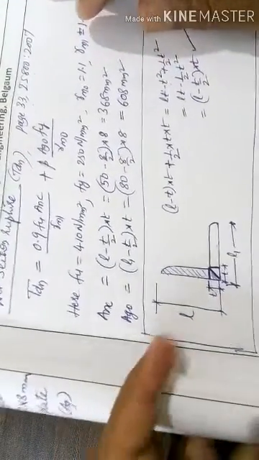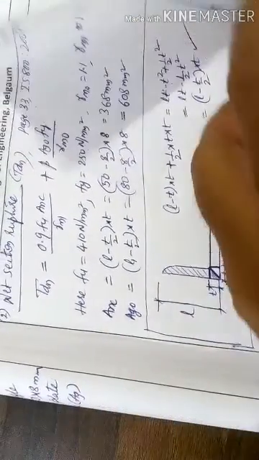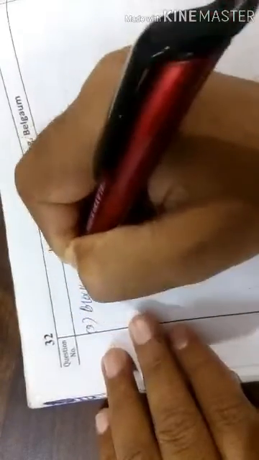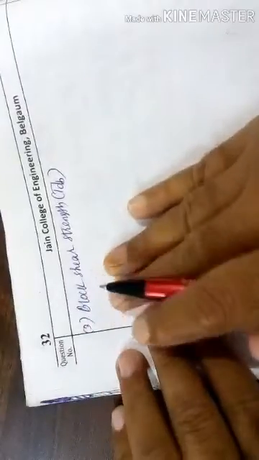Okay, so next we have to calculate TDB, the third one, block shear strength. You know the formula for block shear.